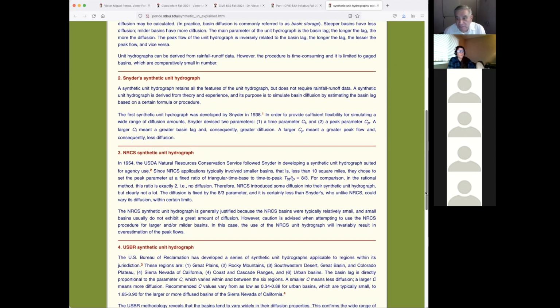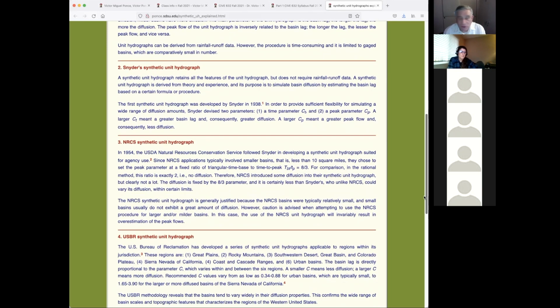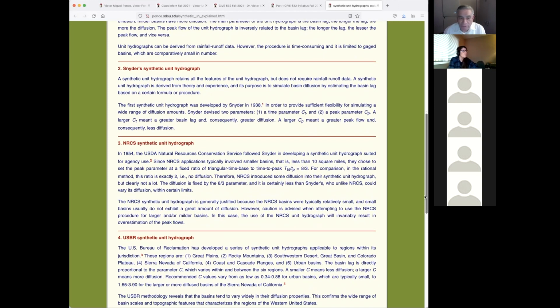So Snyder is more indicated for a large basin such as those that the Army Corps of Engineers works with. The distinction is that the Snyder method has more runoff diffusion.